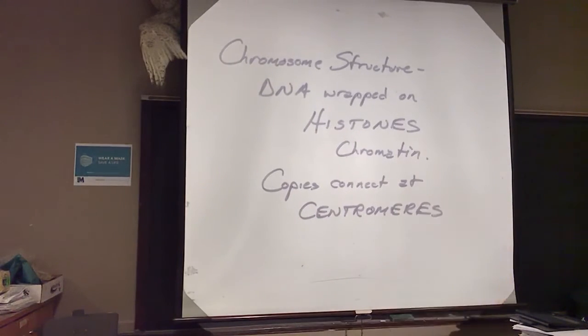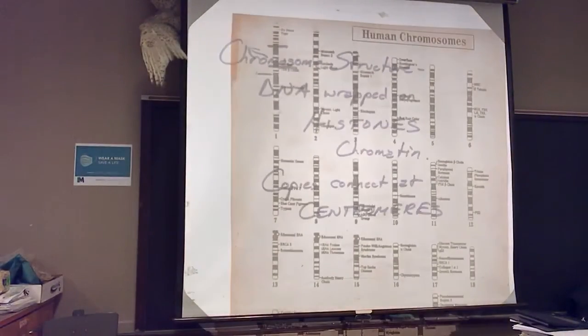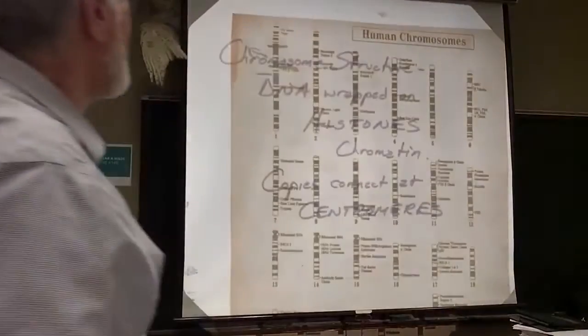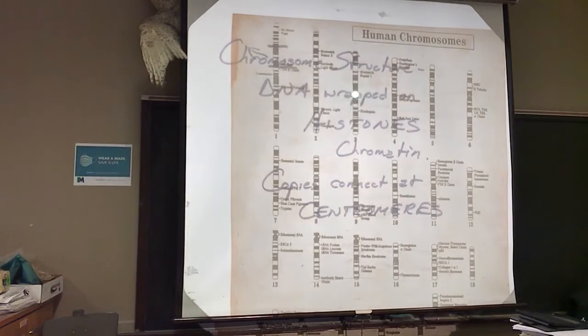When you do make copies, I mentioned they got to stay connected for a while until you're ready to separate them out. Each one of these pictures, there's a little hash marked tight spot right there, sometimes close to the end, sometimes more in the middle, sometimes right in the middle.